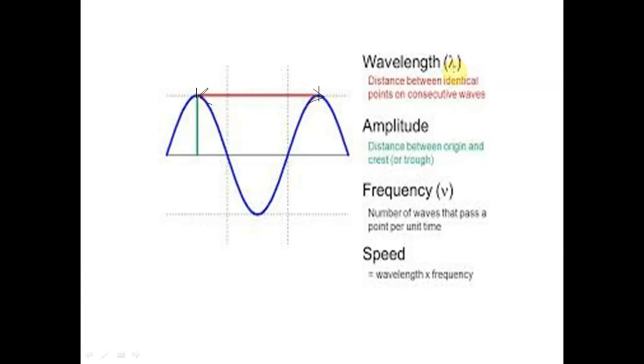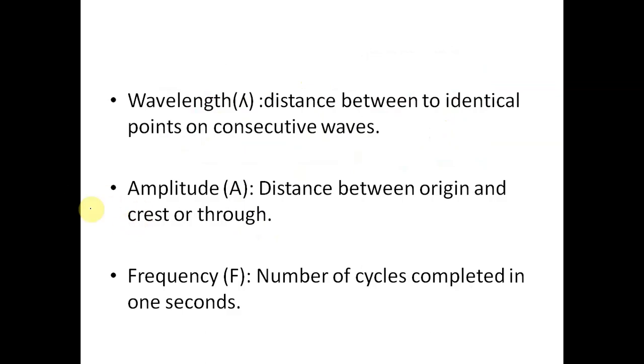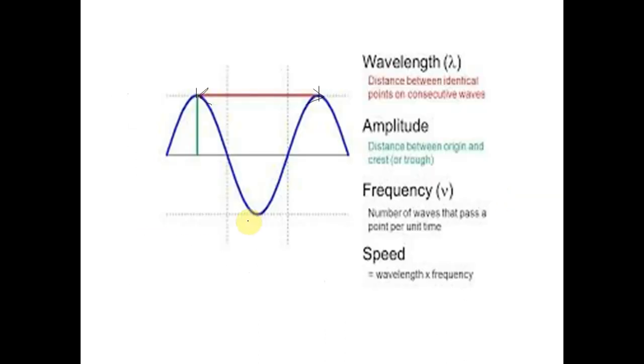Wavelength is denoted by which letter? Lambda. Now amplitude. What is the definition of amplitude? Distance between origin and crest is called the amplitude. This is the origin.